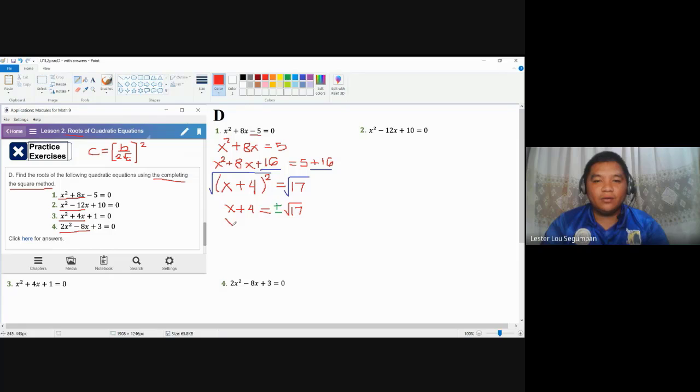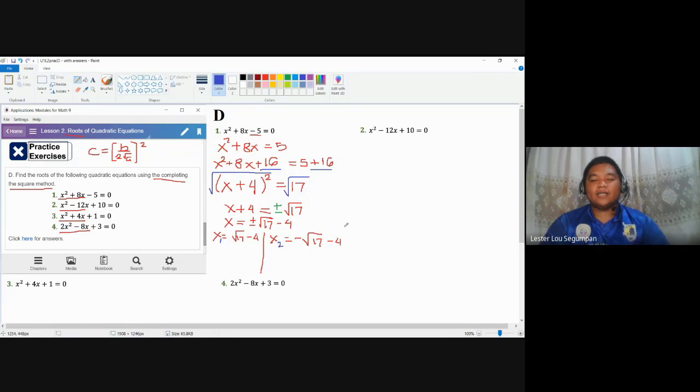So x is equal to positive, negative square root of 17, and then you have minus 4. Let's use x sub 1 for the first possible root, which is positive square root of 17 minus 4, and the second, which is negative square root of 17 minus 4.